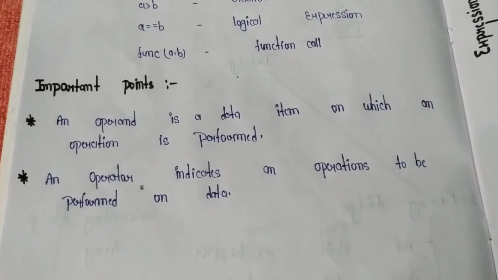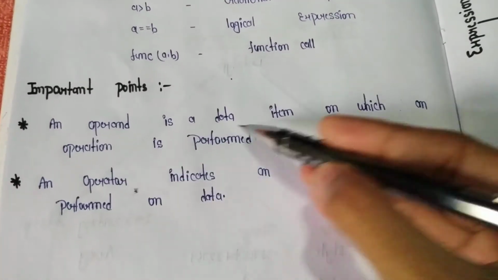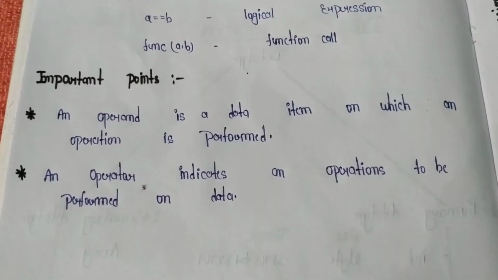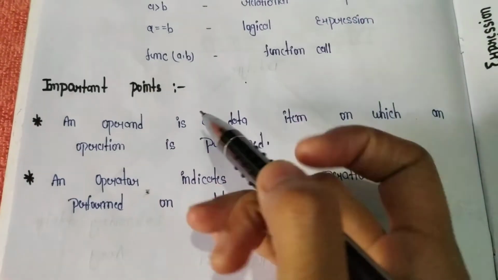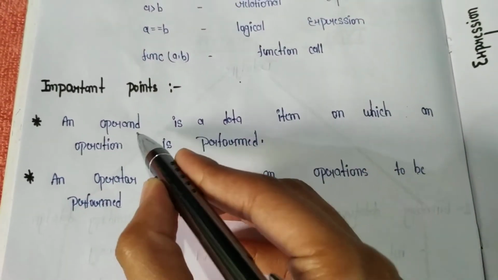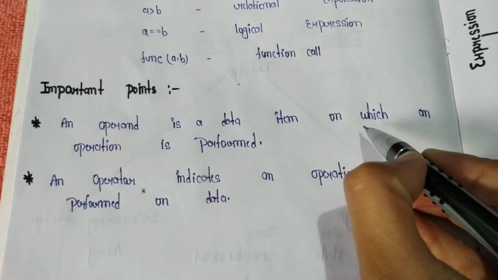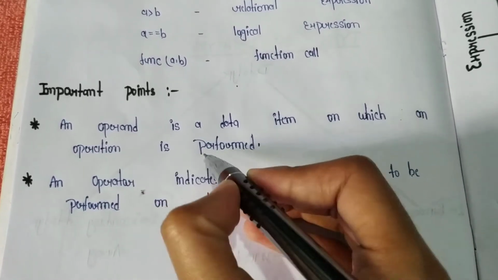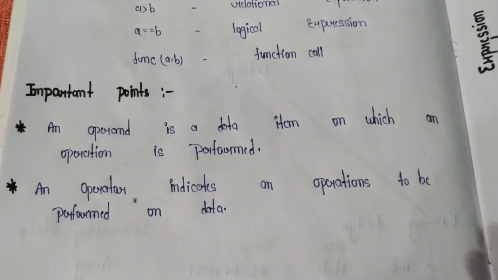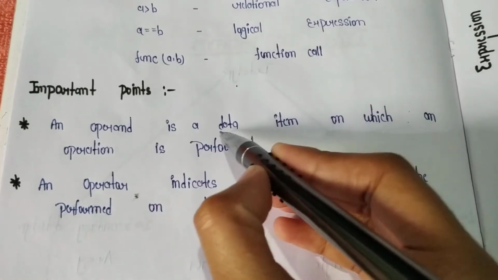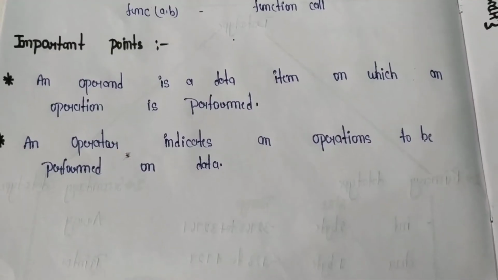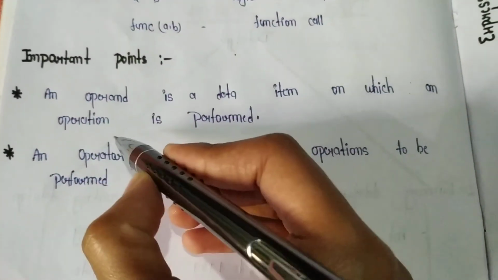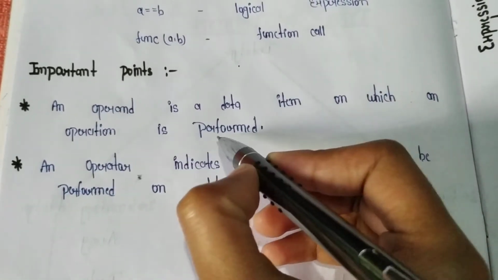Clear? Now, let us remember some important points. The first one: an operand is a data item on which an operation is performed. Means in a C program, the data on which the operation is performed is called the operand.